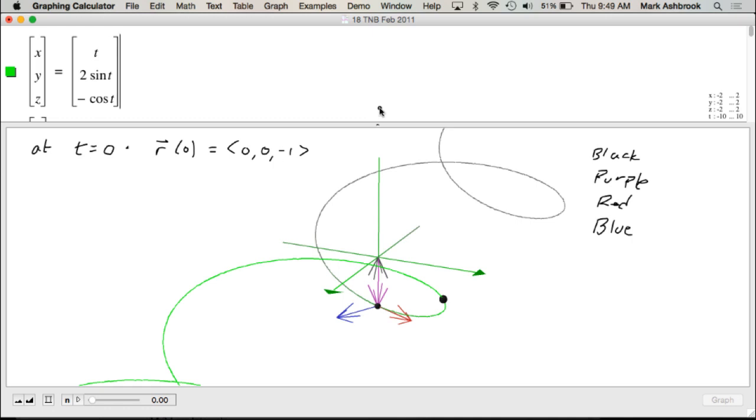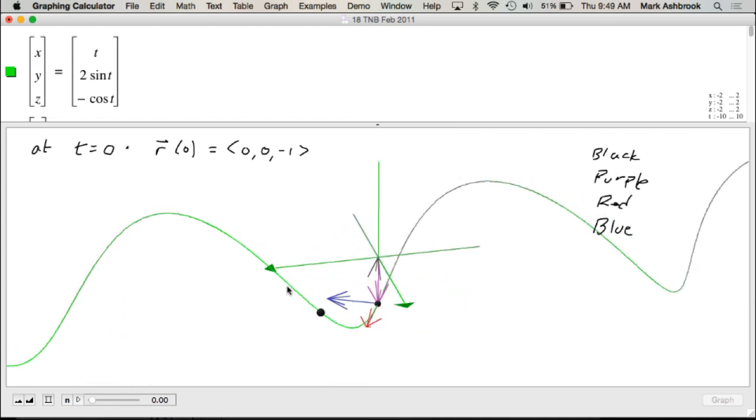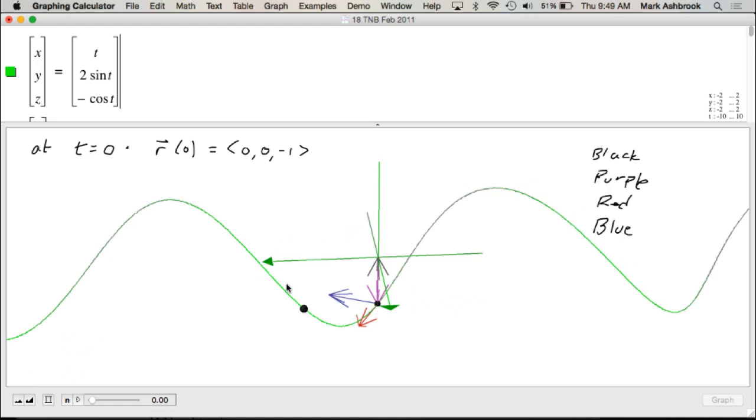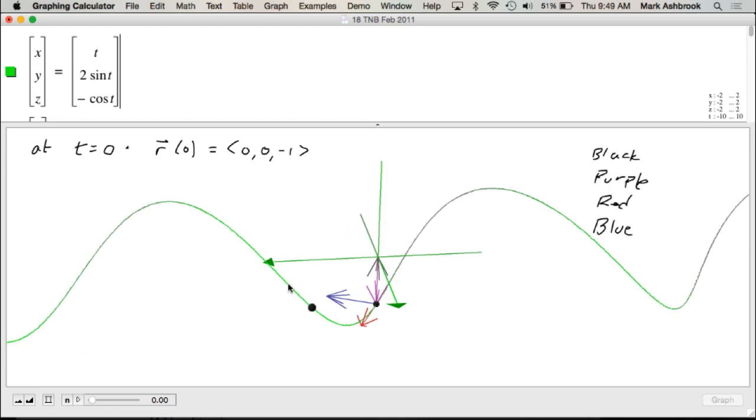And so then which one of those can we just write down? Black, which was which one again? The normal, right? So the normal to the curve was going to be pointing in the direction of the center of rotation, right? So that's just going to simply be what?